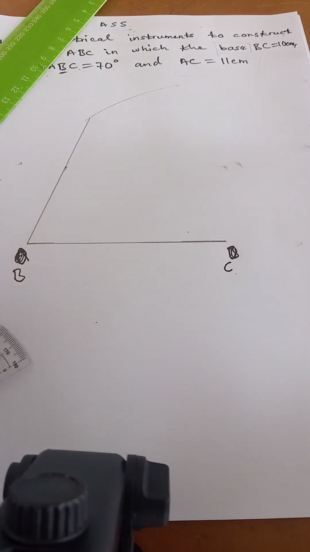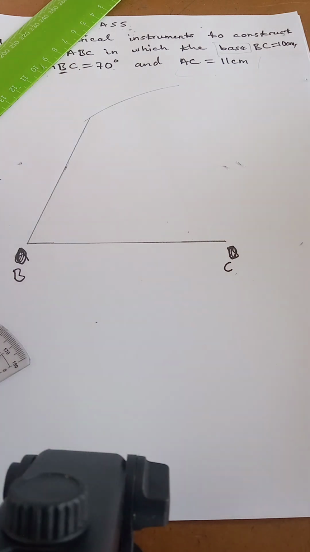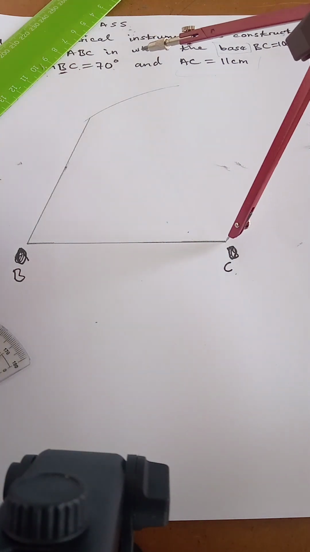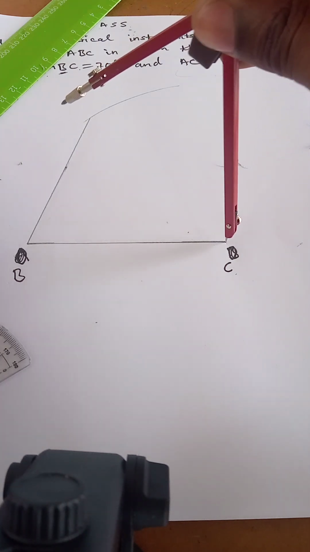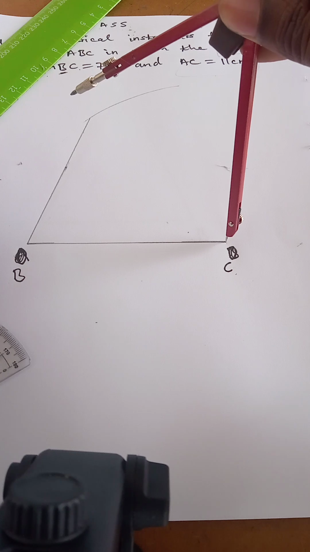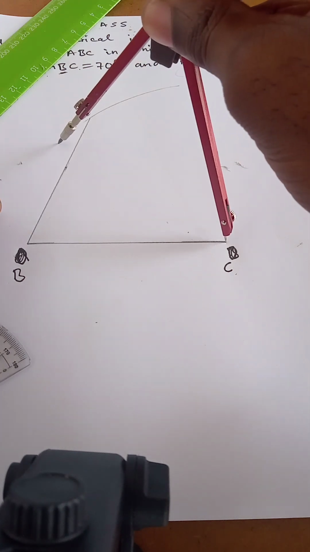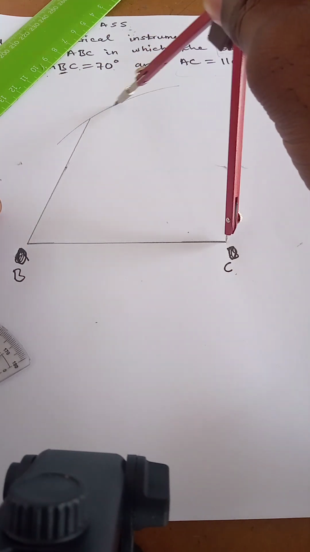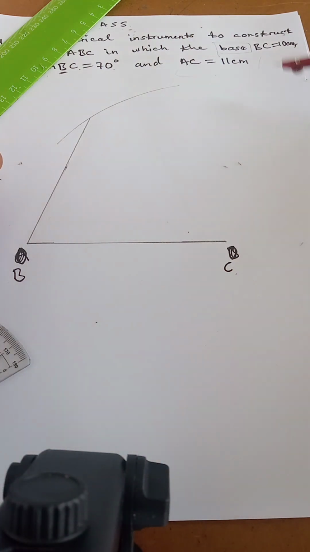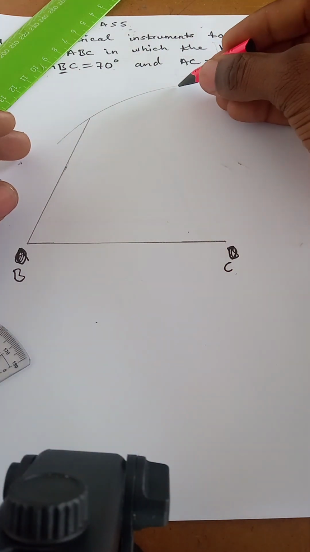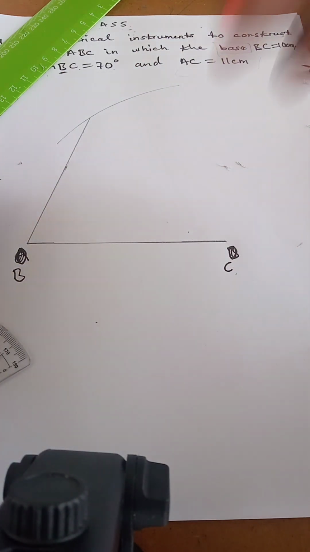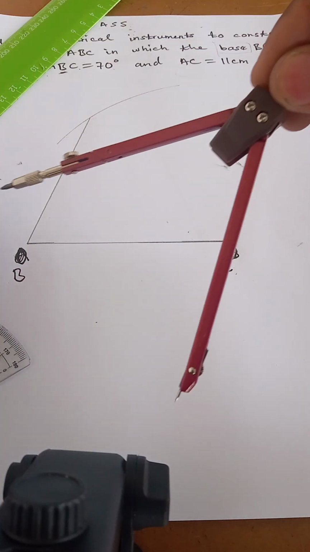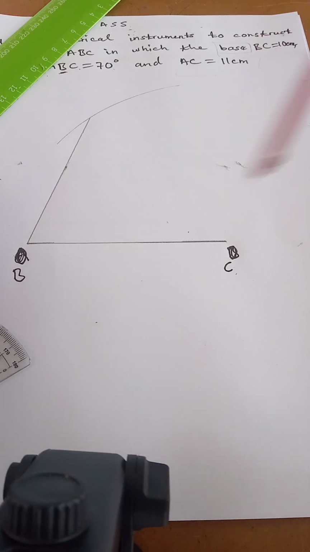And then when you draw a line, remember what we said about this arc. It's always 11 centimeters from the points here. So whenever I draw a line from here to there, it will always be 11 centimeters, because the radius I made here was 11 centimeters.